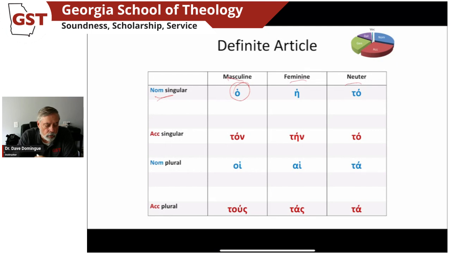If it has an article, it will have the omicron with a rough breathing above it, okay? That's why it's in blue. It's in the nominative, right? And so masculine nouns, if it has an article and that word is functioning in the subjective case, the nominative case, excuse me, then it will have the omicron with a rough breathing.